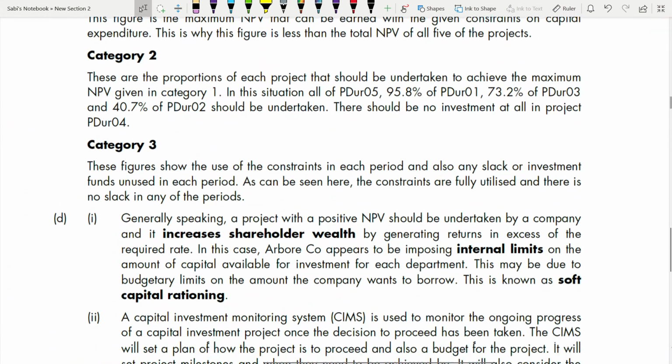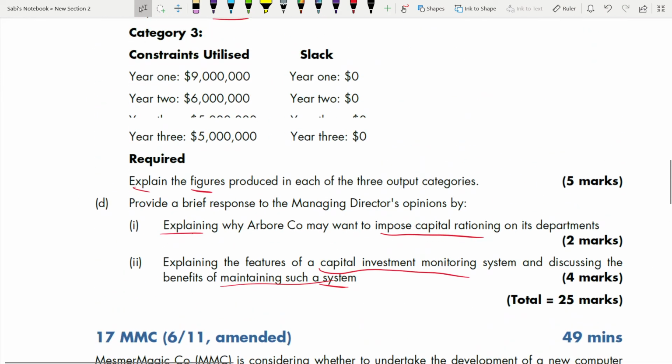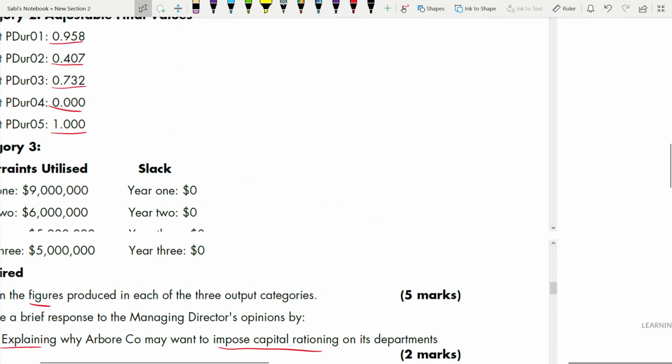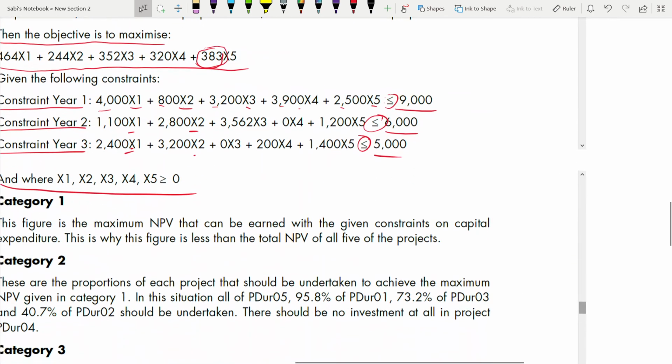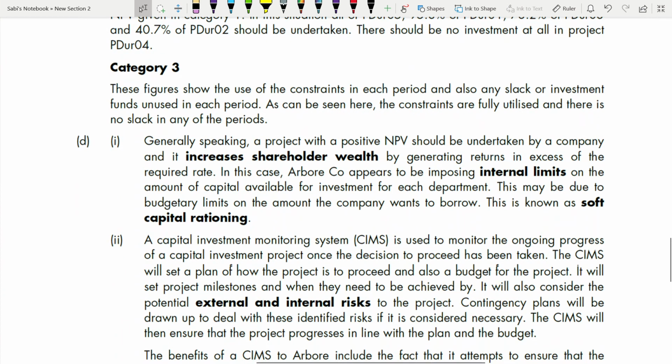Now let's go to category 3. What is category 3? Let's see. Constraints utilized: 9 million, 6 million, 5 million, and slack is 0. So what does it mean? This figure shows the use of the constraints in each period and also any slack or investment funds unused in each period.